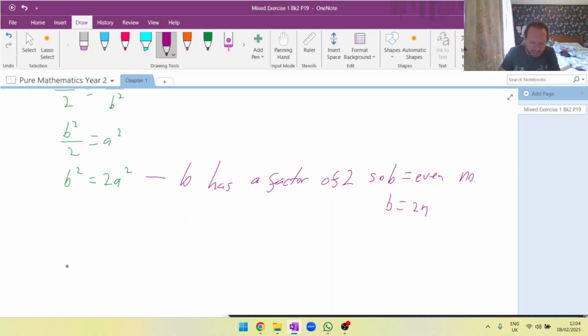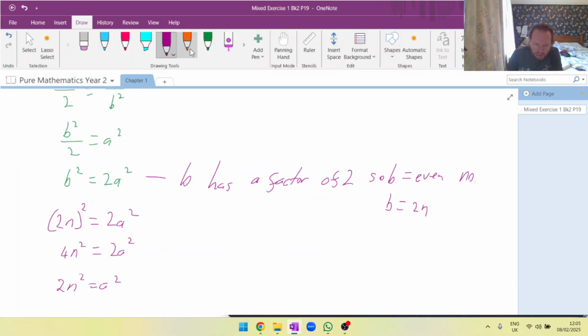So with b squared equal to 2a squared, that gives 4n squared is equal to 2a squared, and dividing by 2, I can say that 2n squared is equal to a squared.